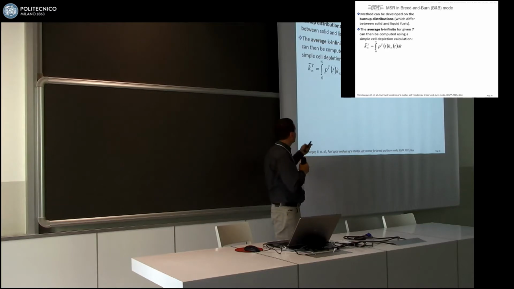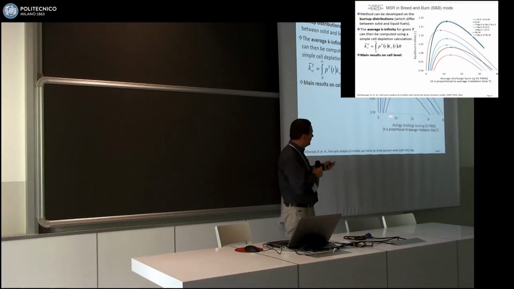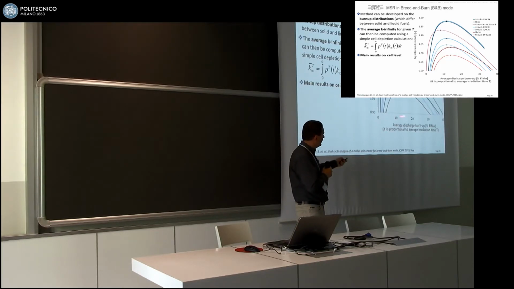So it was more or less the irradiation on cell level, the evolution of K effective or K infinity, multiplied by the distribution function. And then T is here the variable. So for different T's you can plot the K effective, and it looks like this. So more or less this is the discharge burn-up in the breed and burn mode. It is a function of T.